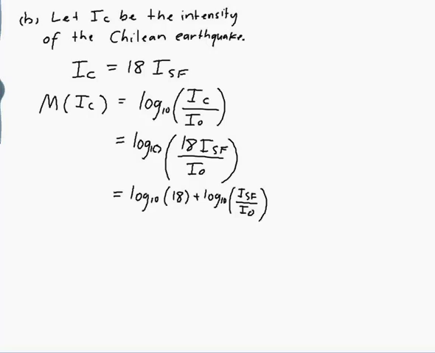But I know what log 10 of ISF on I0 is. That's m of ISF, which was 8.25. So this one here is 8.25, and log 10 of 18, looking up in my calculator, is about 1.26. So this comes out to 9.51.